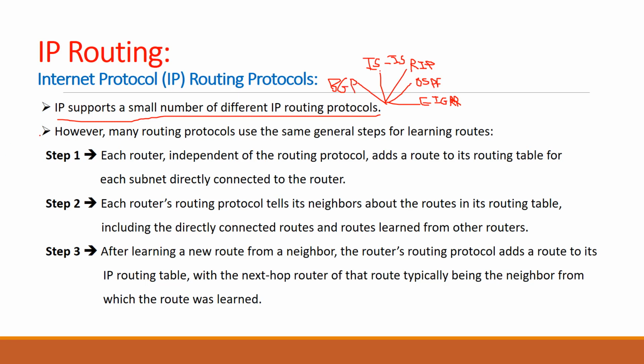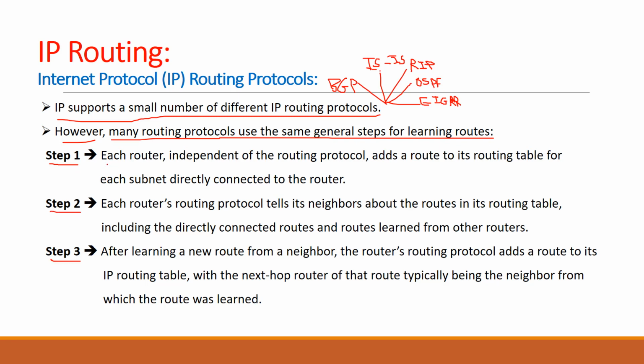So IP supports a small number of different IP routing protocols. However, many routing protocols use the same general steps for learning routes. Each of them does these three steps.